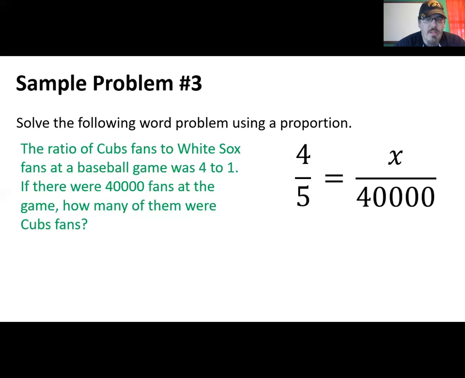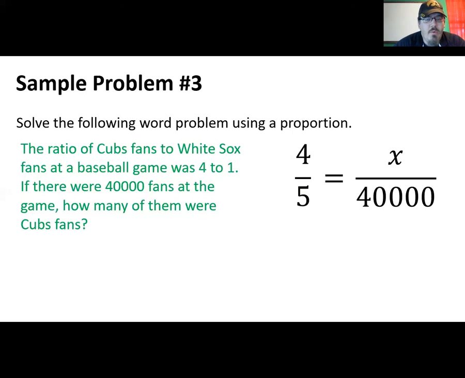The x is related to Cubs fans. They have the same label, and that's a way to know that you've set up your proportion correctly. The same thing goes for the denominator. The 5 is associated with the total number of fans. 40,000 is the total number of fans. Again, they have the same label associated with them.